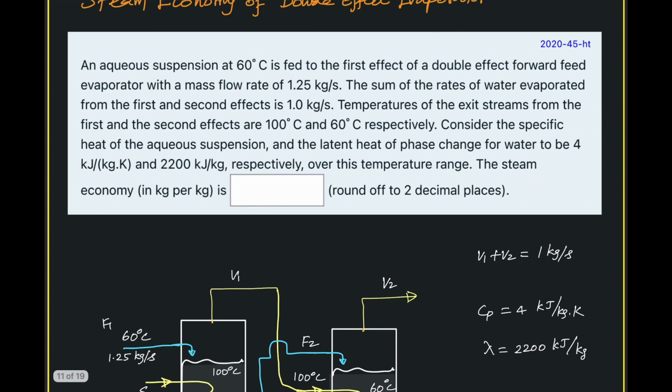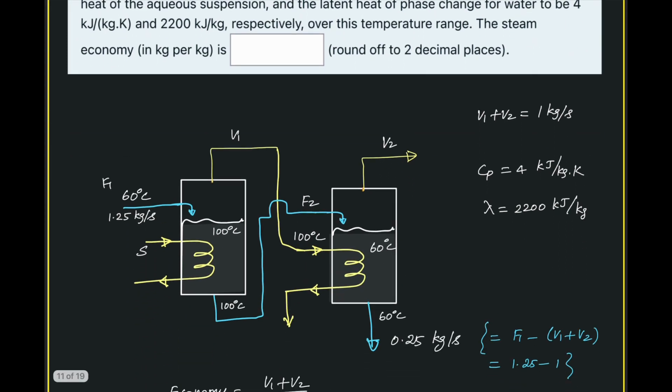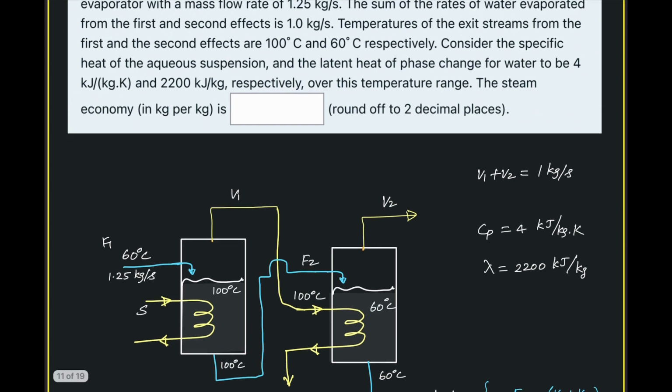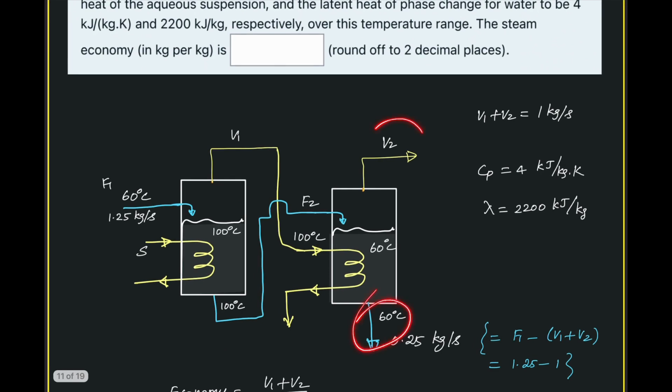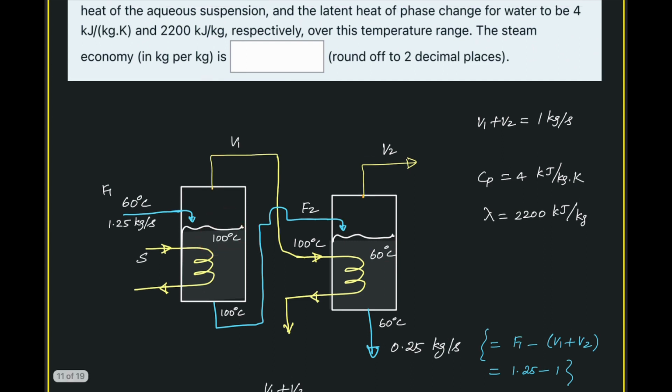The temperatures of the exit streams from the first effect are 100 degrees Celsius, and from the second effect they are at 60 degrees Celsius, which means the solution is boiling at 60 in the second effect and 100 degrees Celsius in the first effect.